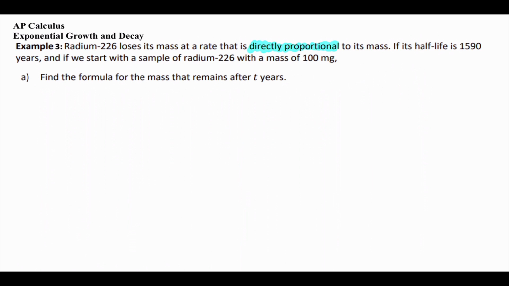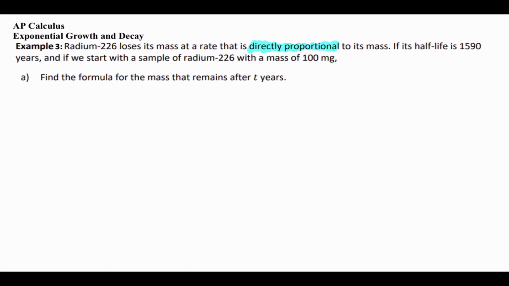It's kind of self-explanatory, but what does it mean when I say half-life? It's decreasing. So if it has a half-life of 1,590 years, what's special about 1,590 years? It's going to have half its life left. Yeah. So every 1,590 years, it's going to maintain half of what it had before.